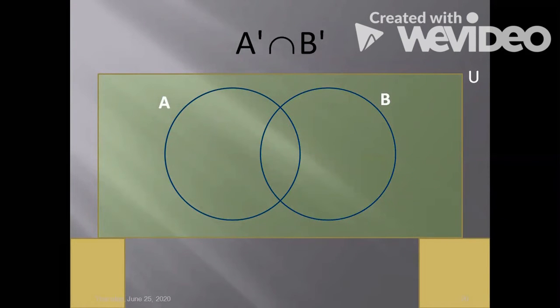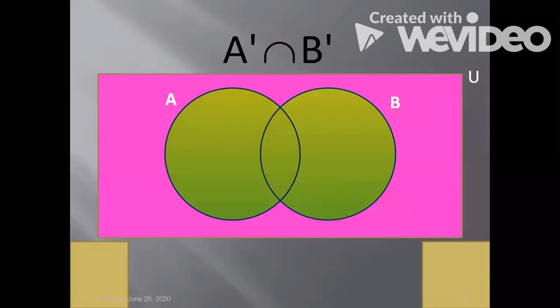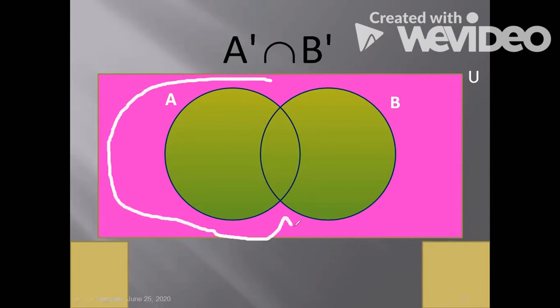So this is A complement intersect B complement. Let us see which area is going to be represented by the set builder notation. As you can see, it's everywhere outside the circle. So right along here, all those regions.